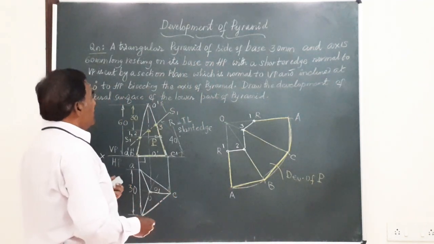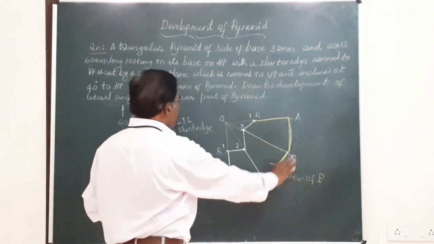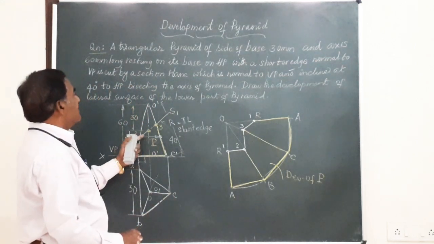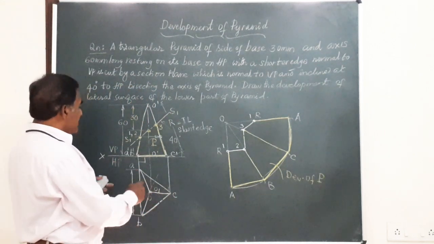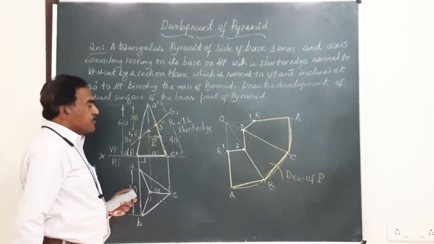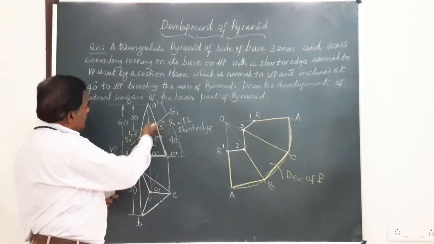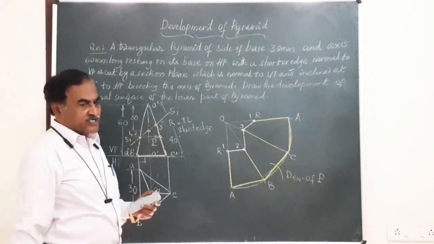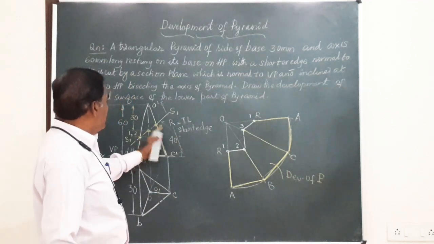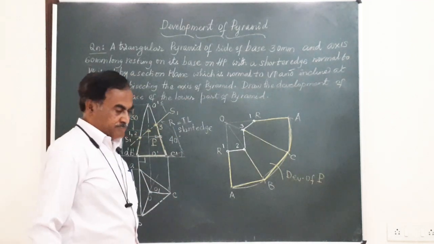So here, friends, this figure will give you the complete development of this triangular pyramid resting on its base on HP with one of the short edges normal to VP, and the object is being cut by a section plane which is inclined at 40 degrees to HP and normal to VP.